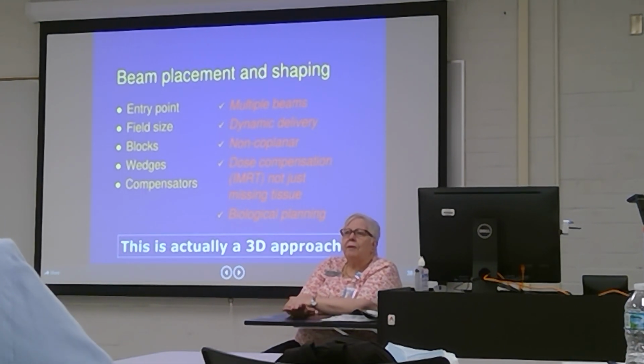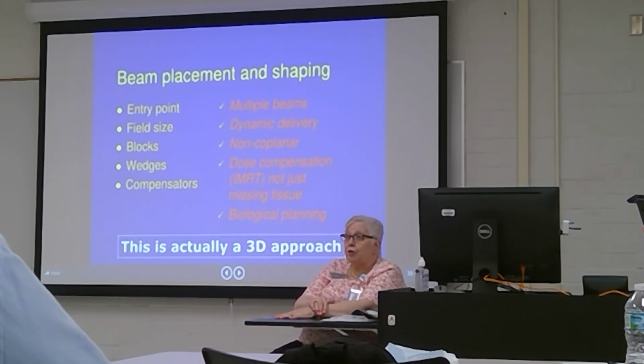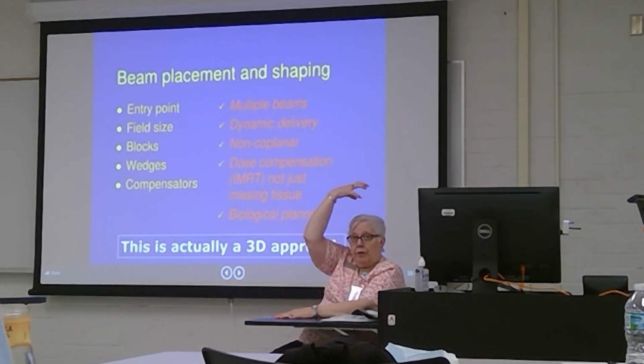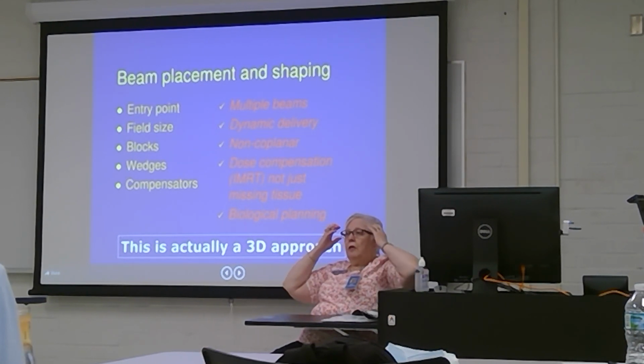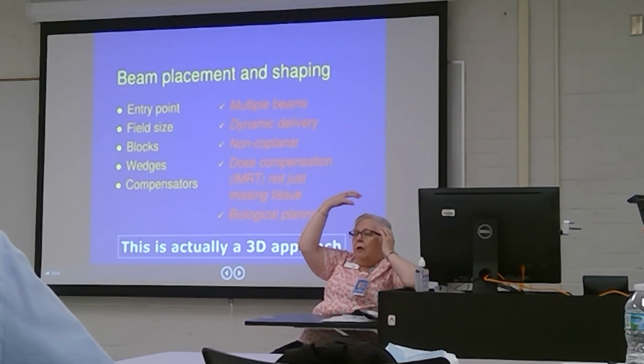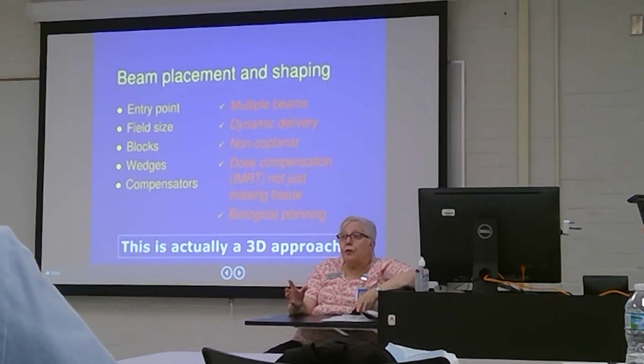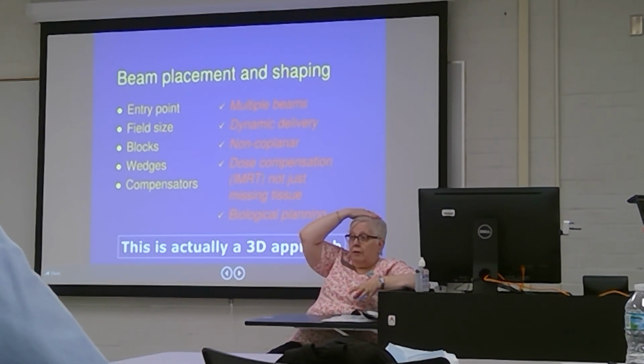Okay, so sometimes the non-coplanar fields are usually pituitary, where they're treating straight in, so you're treating two fields like this and then a field in like this. Sometimes it could also be that they're treating electrons and it's a skin tumor on the top of the skull.